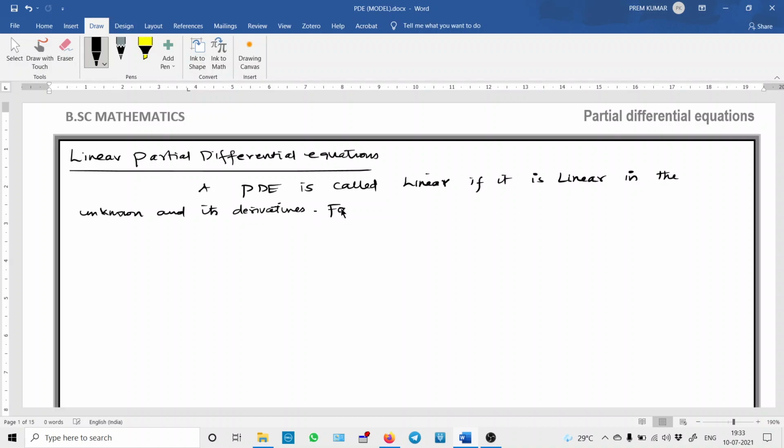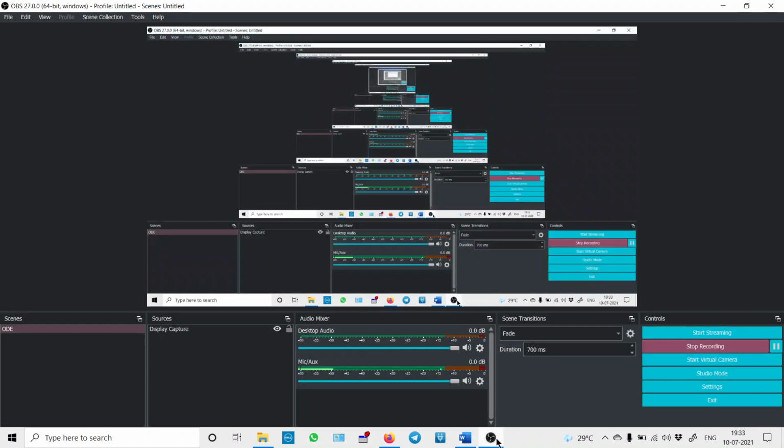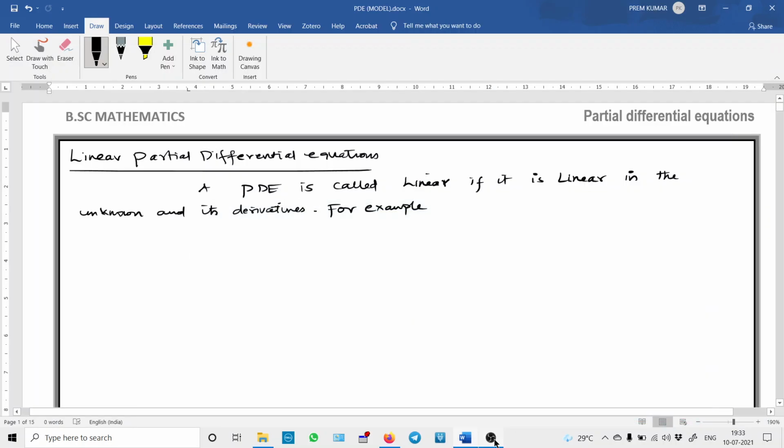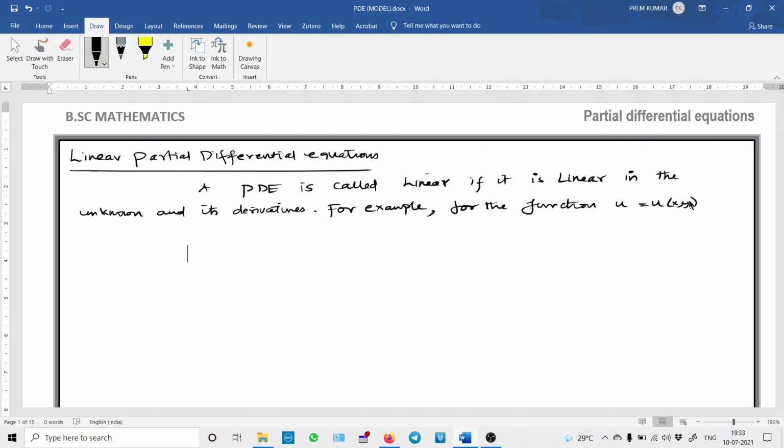For example, consider the function u, which is a function of two variables, x and y, where x and y are independent variables.